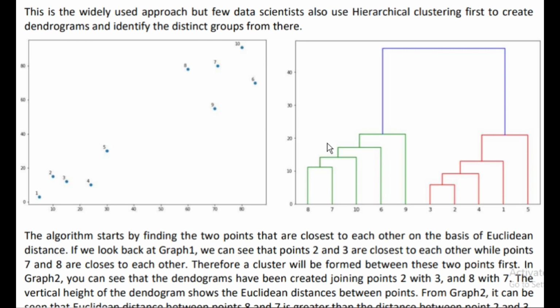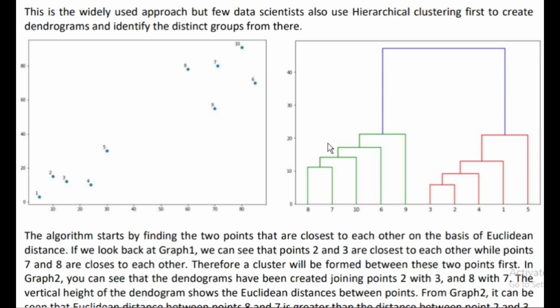This process continues until all the points are joined together to form one big cluster. Once one big cluster is formed, the longest vertical distance without any horizontal line passing through it is selected and a horizontal line is drawn through it. The number of vertical lines this newly created horizontal line passes is equal to the number of clusters.